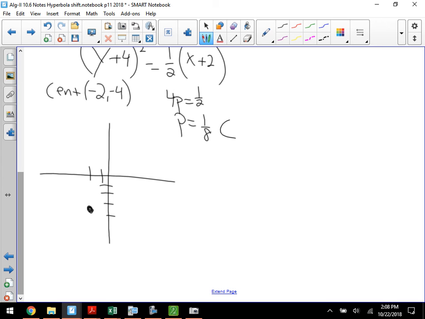Your center is also the vertex for a parabola. Your focus moves to the right 1/8. So your focus is still going to have the same y coordinate, but I have to add 1/8 to -2.